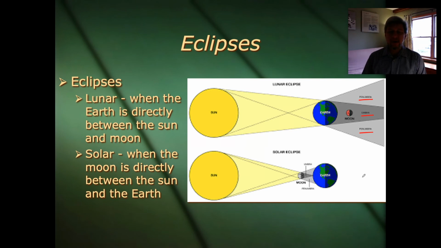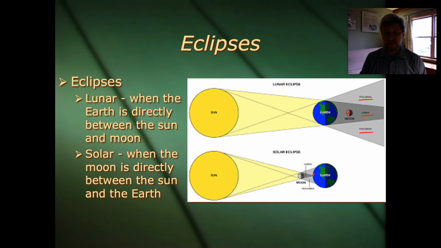Now, this isn't nearly as dramatic and nearly as widespread because the solar eclipse is only seen at a very small point on the Earth. So again, this time it's the shadow of the moon being pushed onto the Earth.